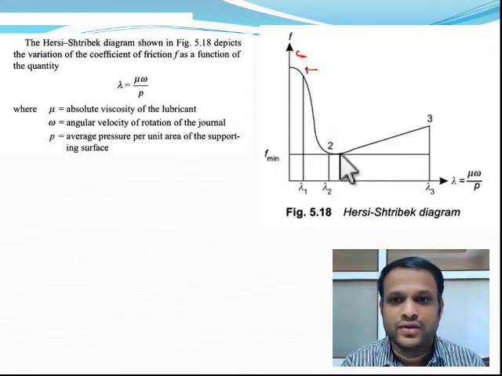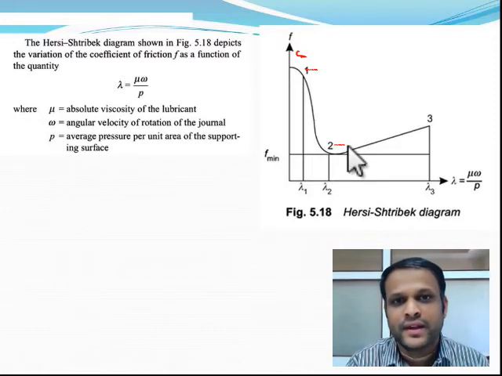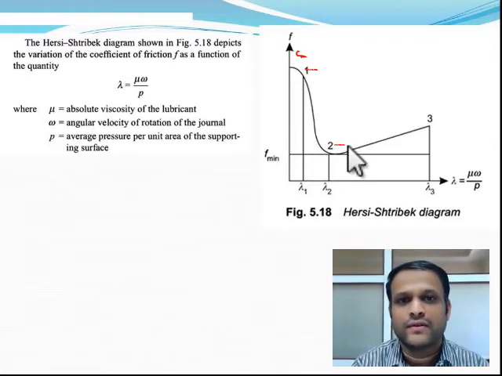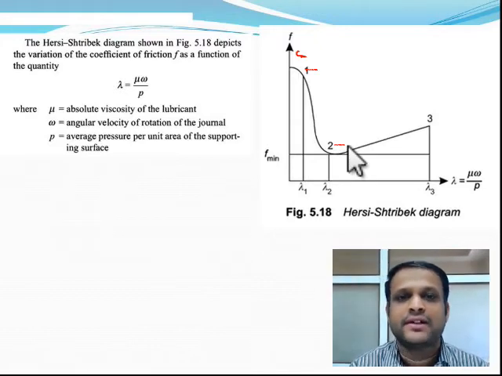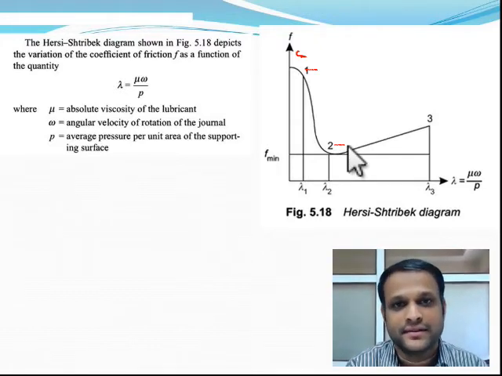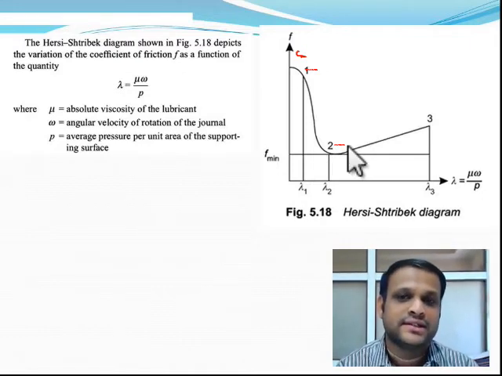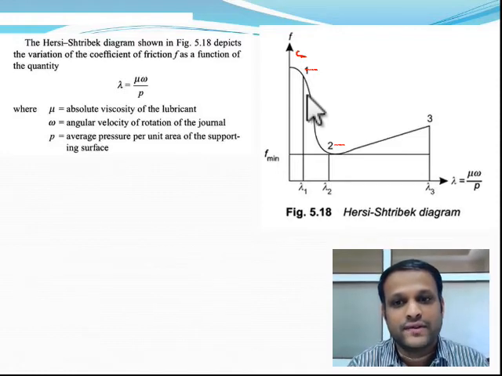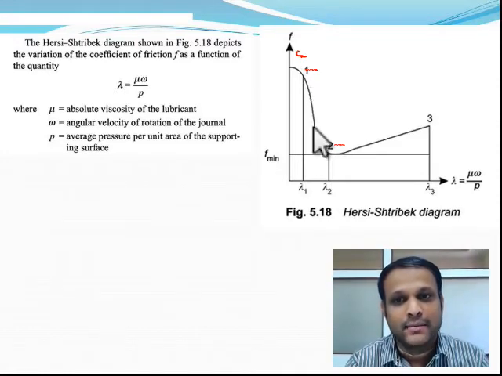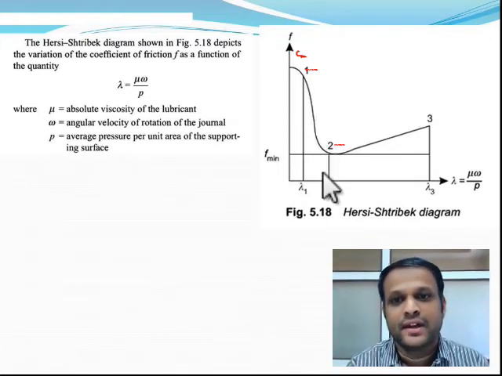From 1 to point 2 is the zone of semi-liquid friction, in which there is a small amount of lubricant present inside the two surfaces, but at the same time it is not enough to completely separate the surfaces, and therefore the asperities of both the surfaces do meet, and therefore we see that the frictional coefficient here is quite large, but as the amount of liquid increases, the friction drops very steeply.